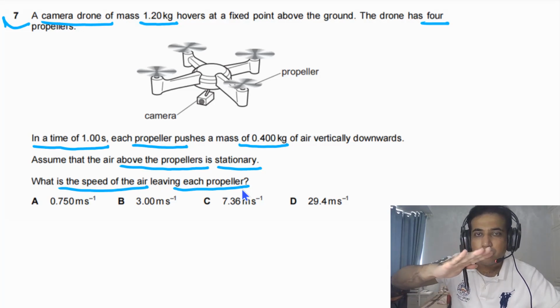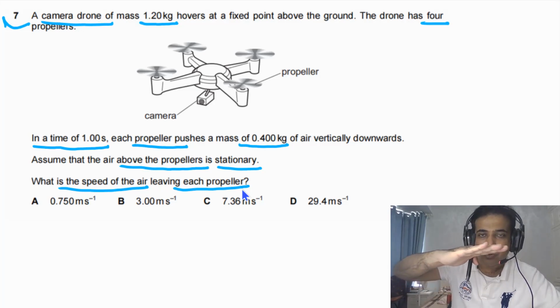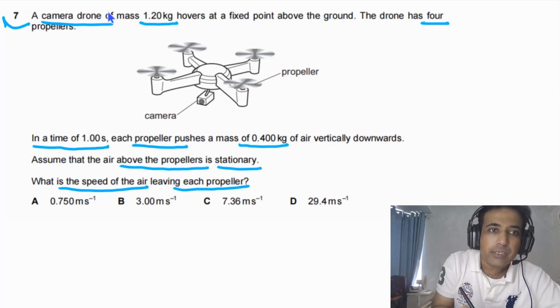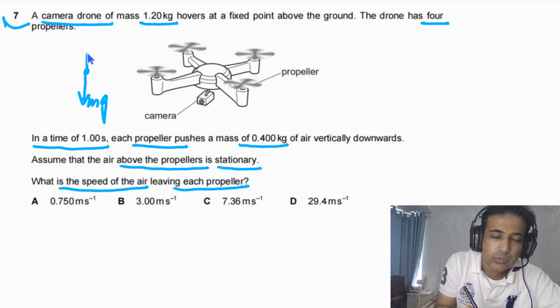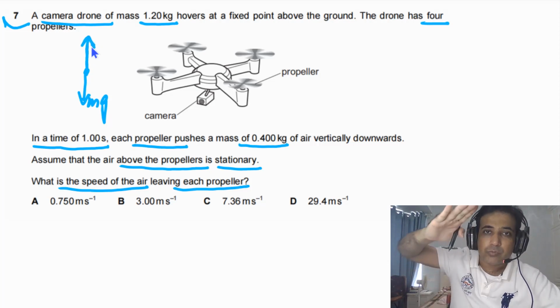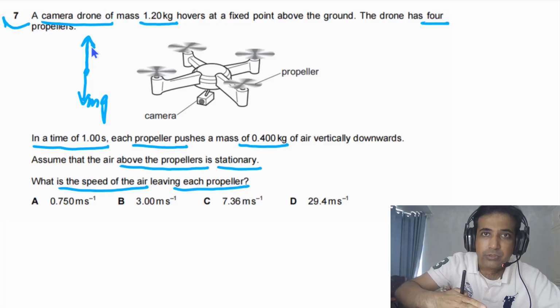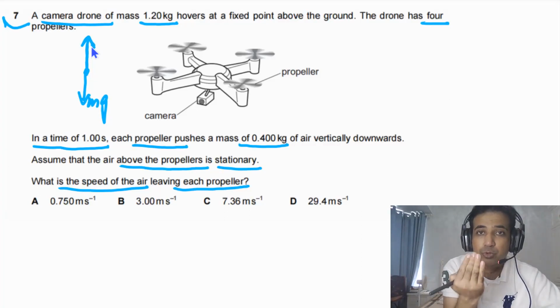So in this case, first of all, it is given to us this drone is at a fixed point, a fixed height. It simply means that the weight of the drone is acting downwards and there is force on the drone by air that is pushing this drone in upward direction, because the drone will push on the air in downward direction and air will push on the drone in upward direction.